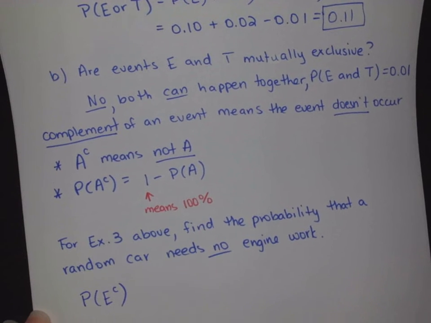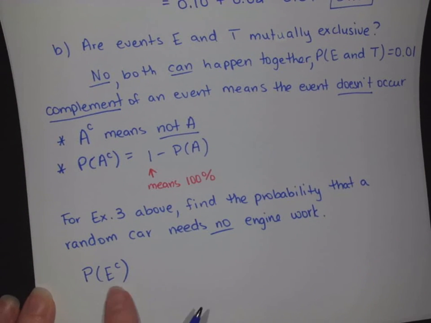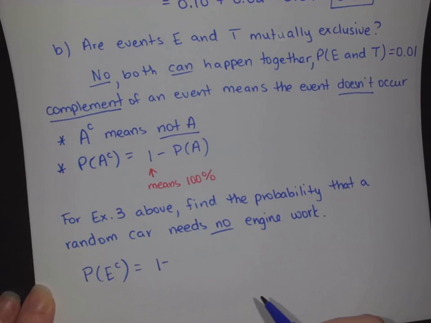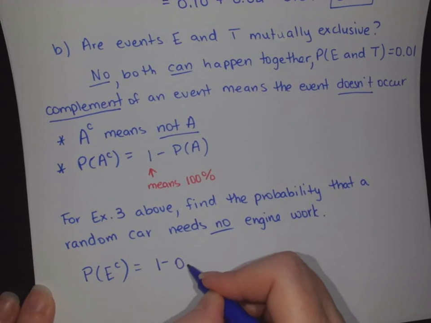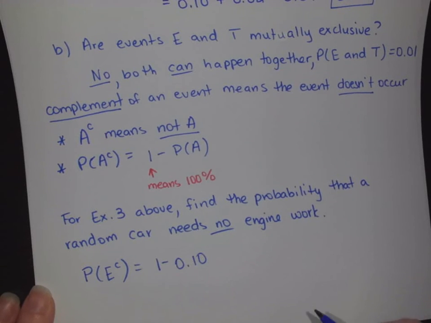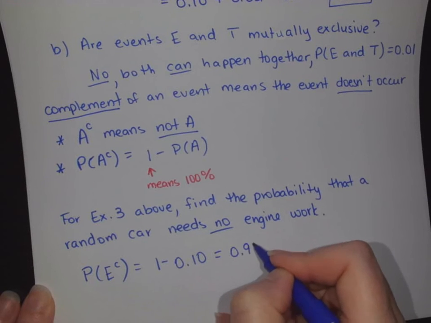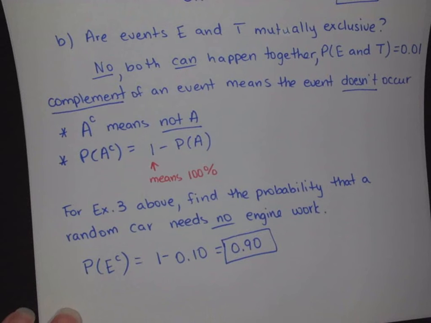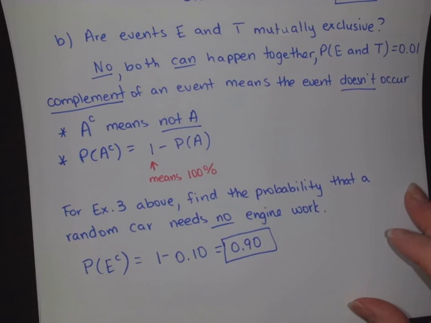Notation-wise, we would call that the probability of not engine work. So we just do 1 minus the probability that it did need engine work, which, if you look at example 3, the probability of E was 10% or 0.10. So the probability that the car doesn't need engine work at all would be 90%. Even though we weren't given that percentage, we can subtract it from 1 pretty easily to find that probability.